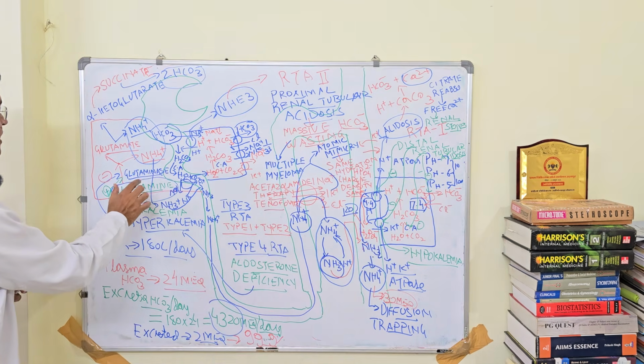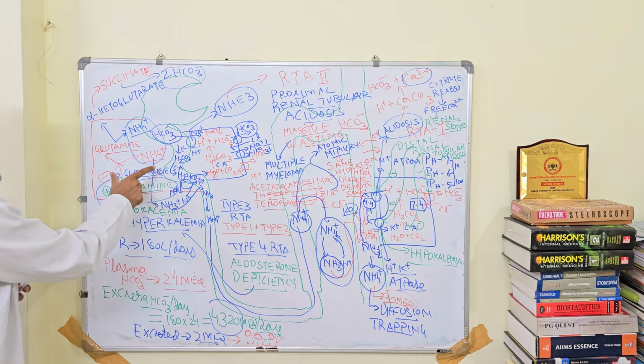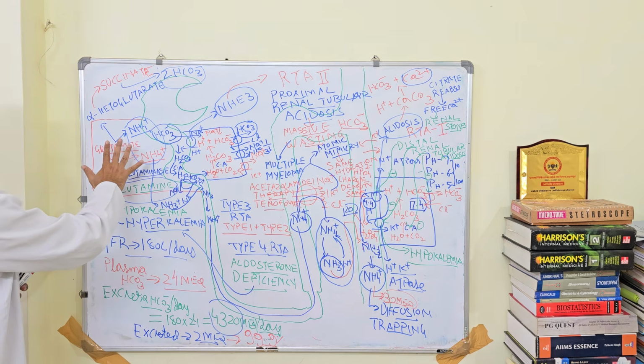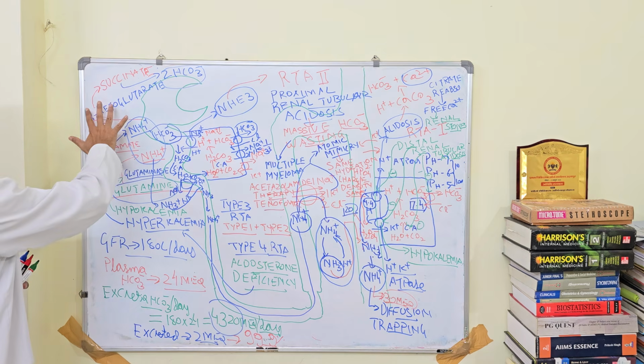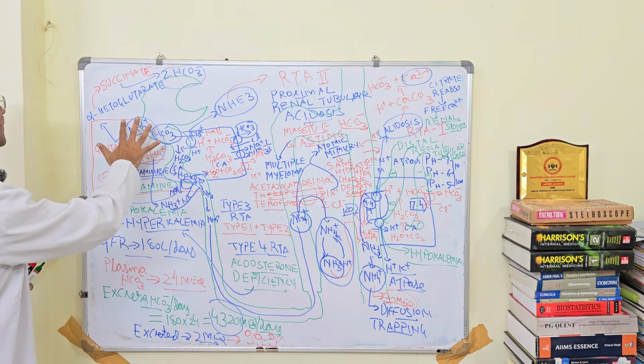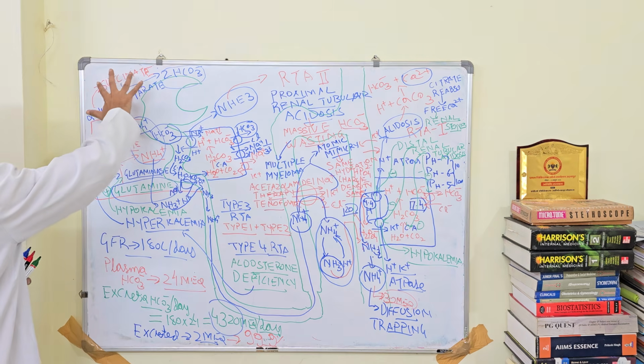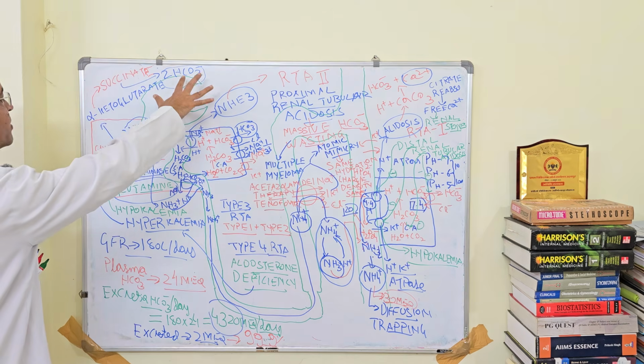This glutamine, under the effect of glutaminase, will break down into glutamate and NH4+ ion. This glutamate will further break down into alpha ketoglutarate and another molecule of NH4+ ion. This alpha ketoglutarate will break down into succinate, and this succinate will break down into 2 bicarbonate.